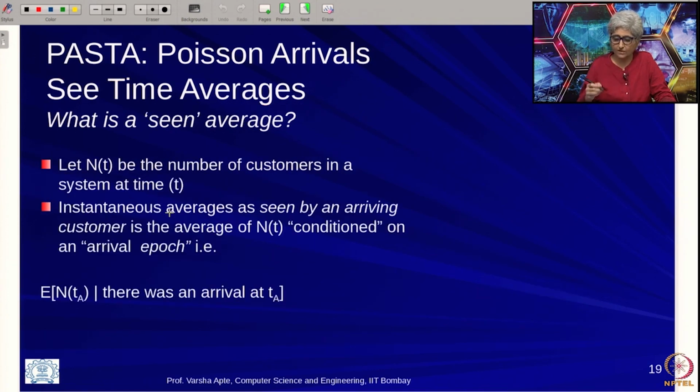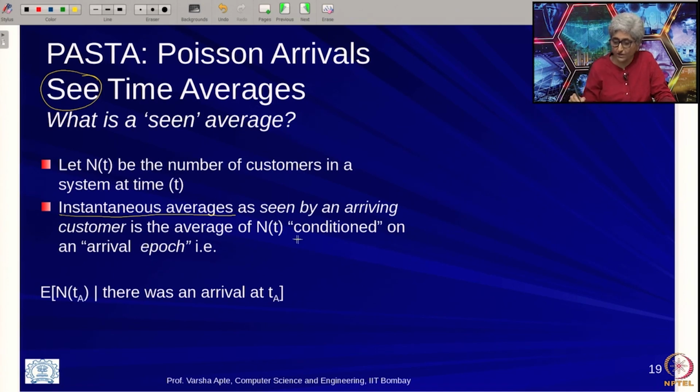So what is a seen average? We are talking here about Poisson arrivals see time averages. What is this seen average? Again, let us consider the number of customers in the system at time t as given by N(t). A seen average is actually an instantaneous average, it is what an arrival sees, an instantaneous average as seen by an arriving customer.